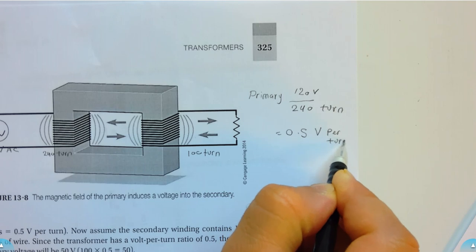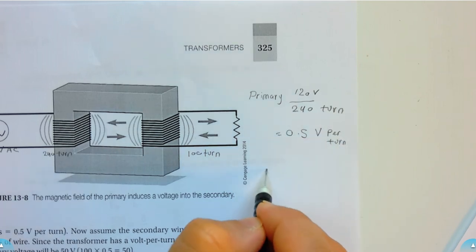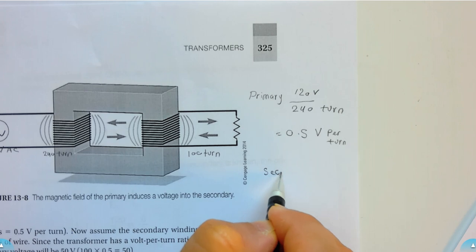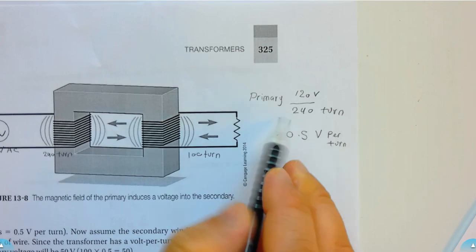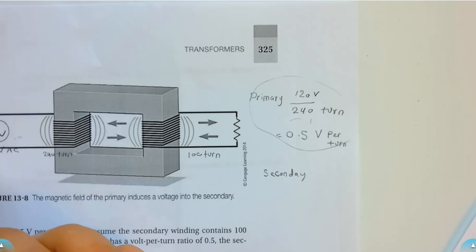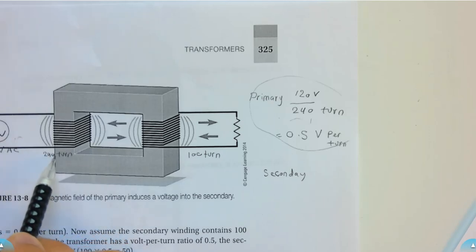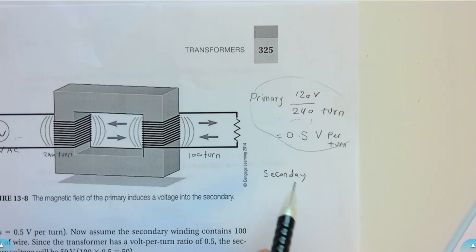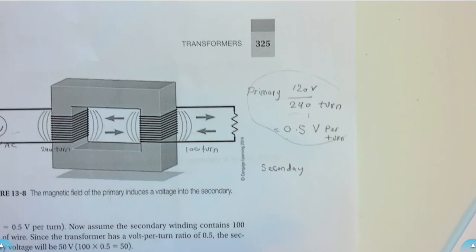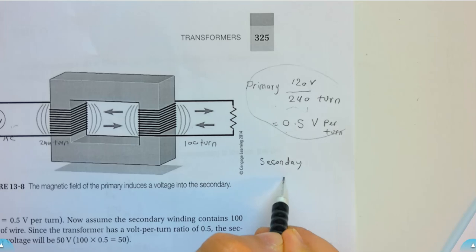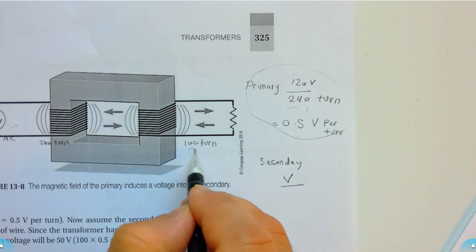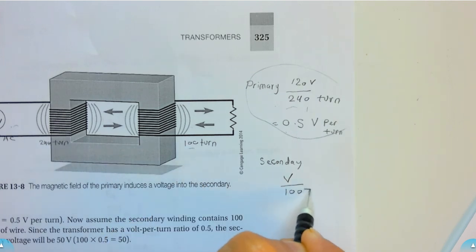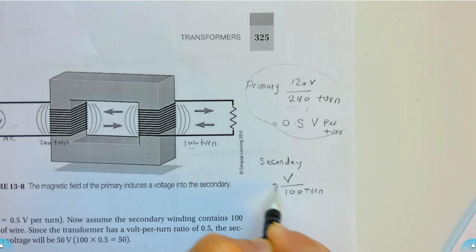Okay, guys, and for the secondary side, in the primary we have 120 divided by 240, which equals 0.5. In the secondary, we have to find the voltage in the secondary divided by 100 turns, which equals the same, 0.5.